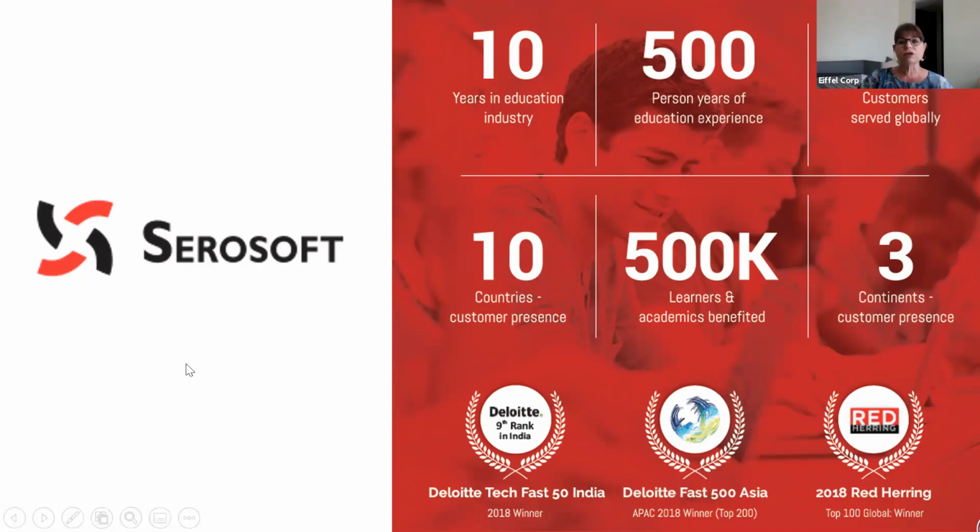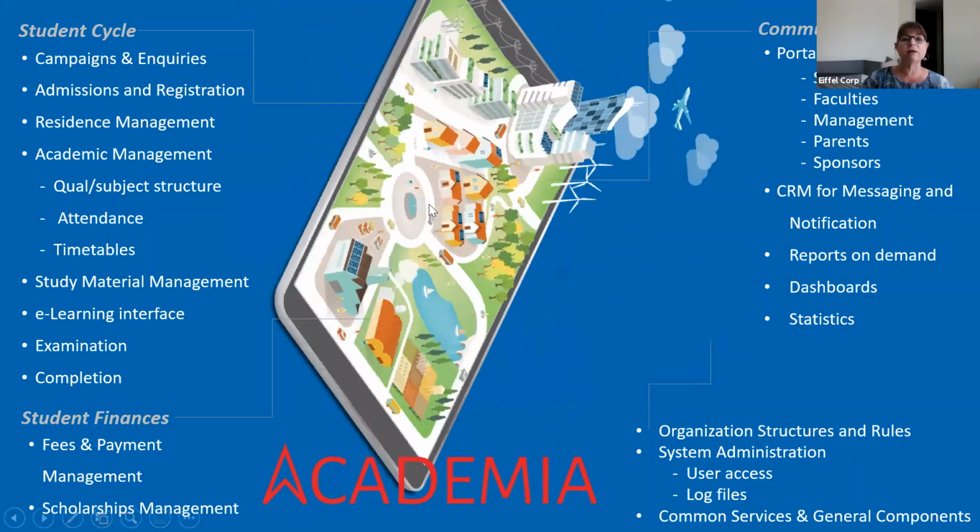And Cerosoft also is a company that has got a range of awards that proves the value that the market sees in what they do, not only with their software, but also in the education sector. So that is a bit about the company.